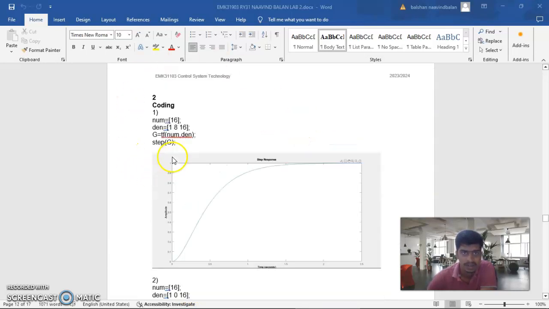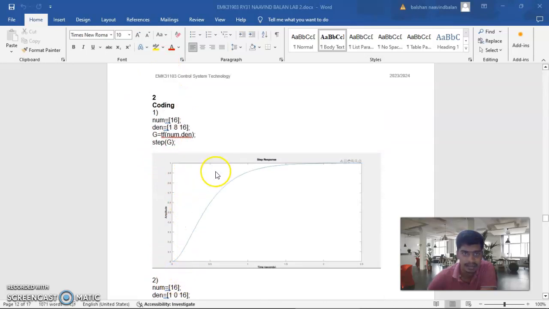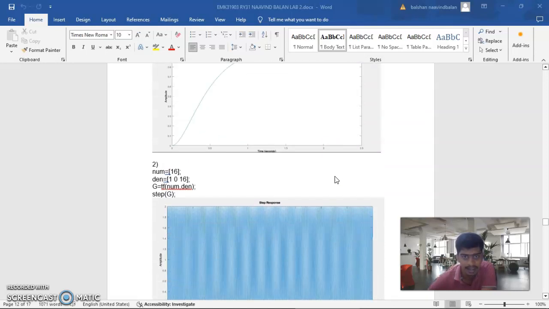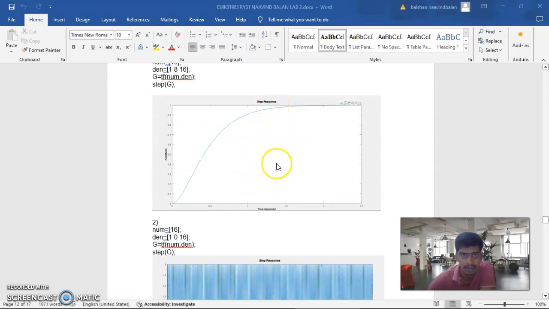For this one, with the coding, the result will be like this. The step response will be more than 2, and the amplitude is from 0 to 0.9. At least this one will reach the steady state at 2.